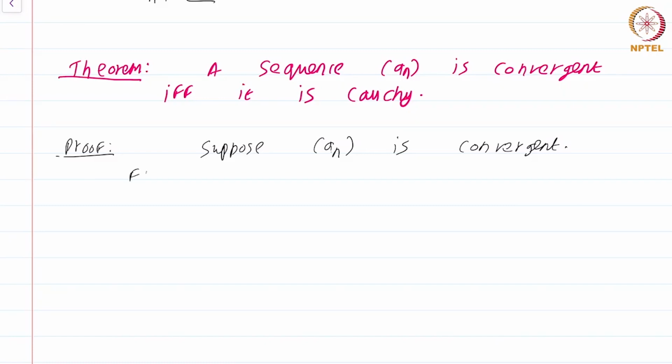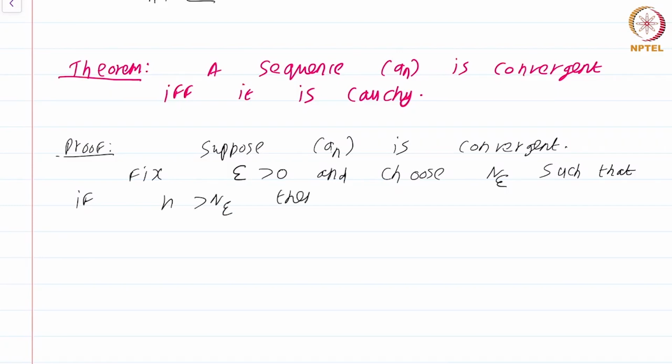Fix epsilon greater than 0 and choose N_epsilon such that if n is greater than N_epsilon, then |a_n - A| is less than epsilon. So suppose a_n is converging to A. Let me just change that for extra precision.